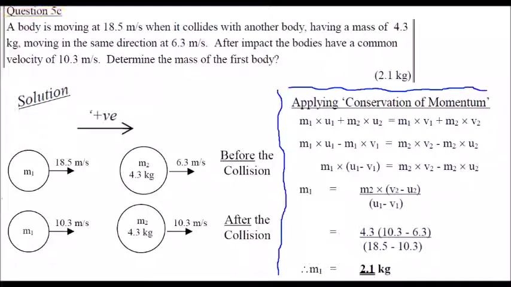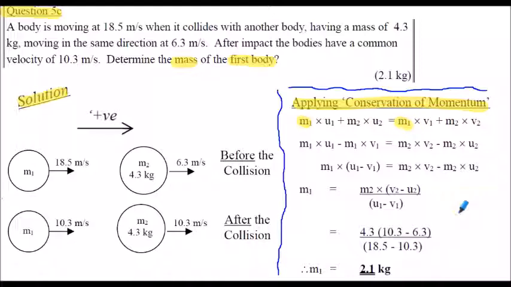And question 5c, full work solution shown here. In this question we're asked to find the mass of the first body given the information in the question. And when you apply the conservation of momentum equation in this particular case, you're trying to find the value of m1, and mass 1 occurs on both sides of the equation.